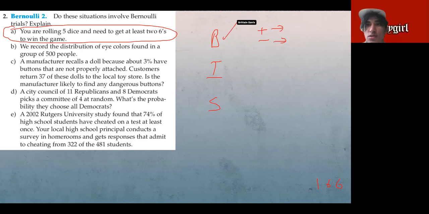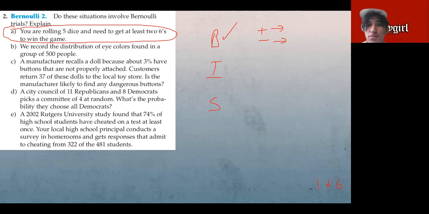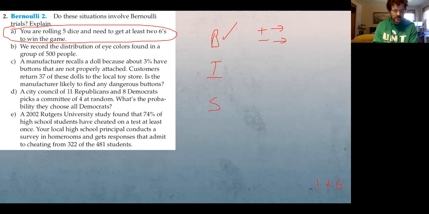Well, we're talking about success in each individual event. Oh, 1 6. Yeah, so getting a 6 is a success. Not getting a 6, so 1 through 5, is failure. So actually, I really should just say not 6 right there.